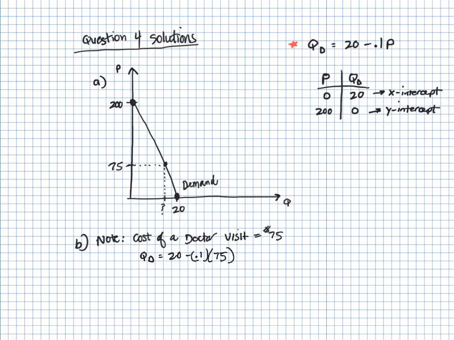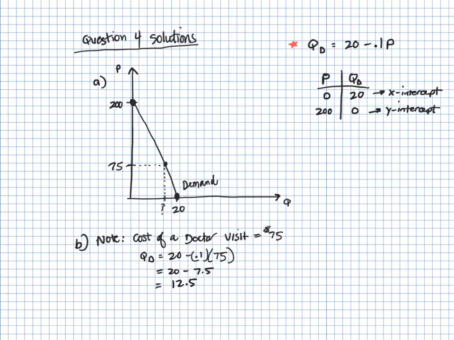So if we throw 75 into that equation for the demand curve for the price, we get QD is equal to 20 minus 0.1 times 75, which is equal to 20 minus 7.5. We just need to move the decimal point over one spot. 20 minus 7.5 will give us 12.5.